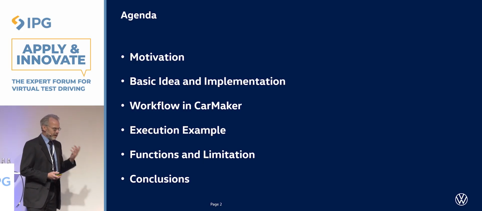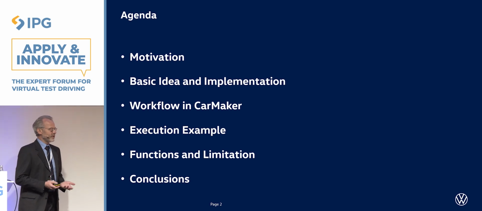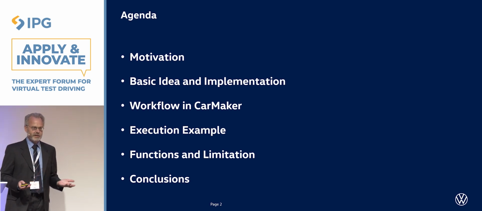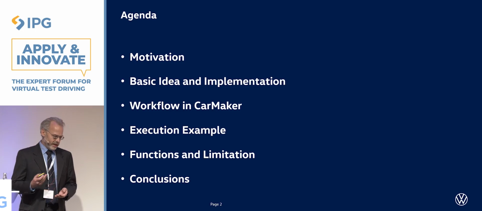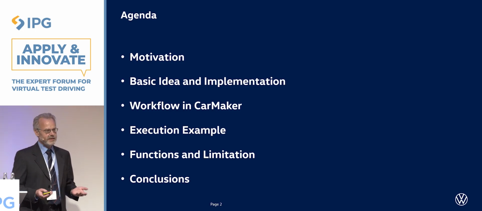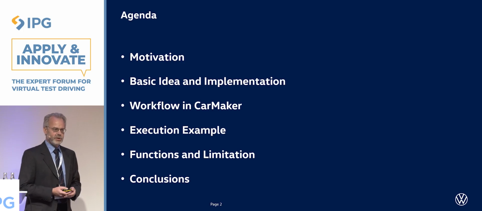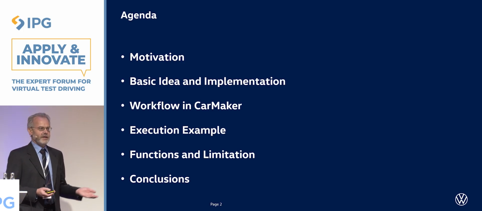Then I will give you an example, starting with how to set up such a simulation, and then show you the outcome of such a simulation. And then I will give you some more insight at the end to the functions that we have implemented, and of course to the limitations that we have, and make some conclusions.